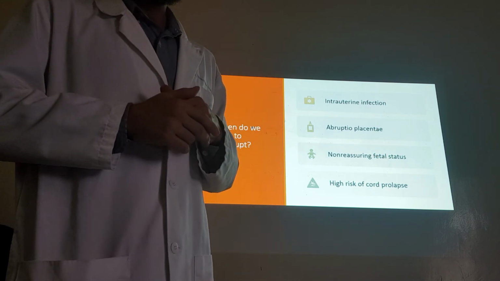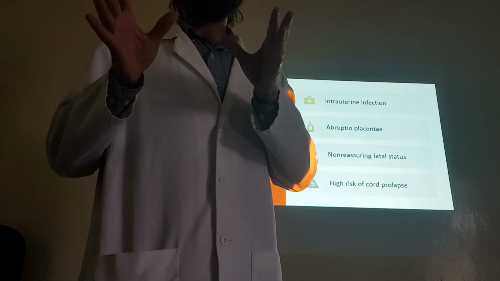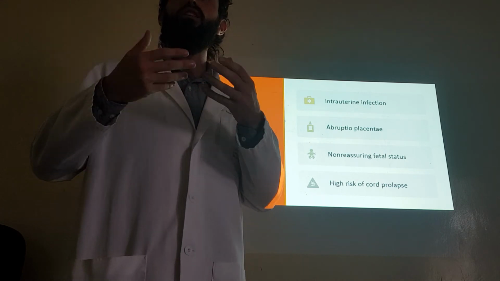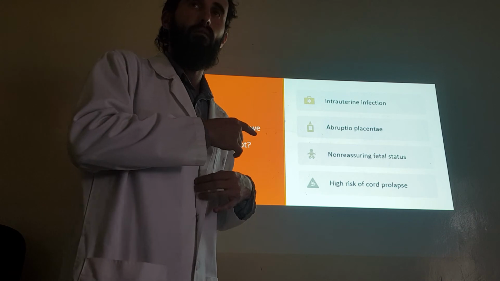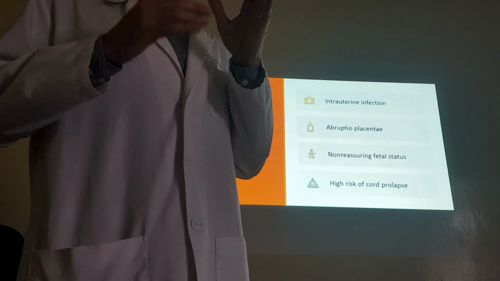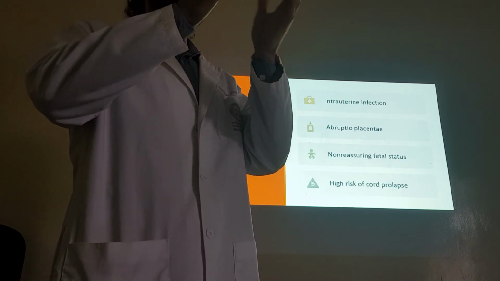So answering your question, it is a very good question, and for everyone to hear: why is our main fear to give tocolysis after 4 centimeters dilated in a patient with rupture of membrane? True? So we give tocolysis. Which is the main goal for giving tocolysis?